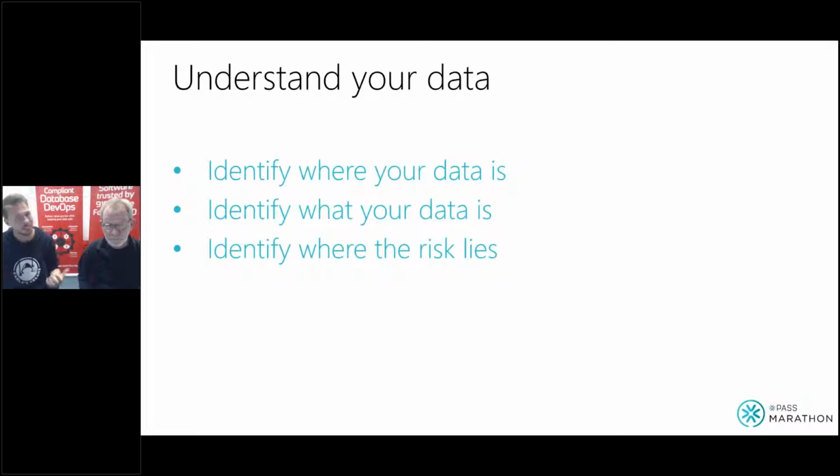And then once you know that, it's easy to identify where that risk lies, understanding how it moves, what it is, who uses it, where it goes, all of this, one big giant picture of how your data moves, is captured, is stored, is used, is processed. Then you can talk about the process and bake in that data protection by design. So as I say, once you know where your data is and what it is, you need to protect it.